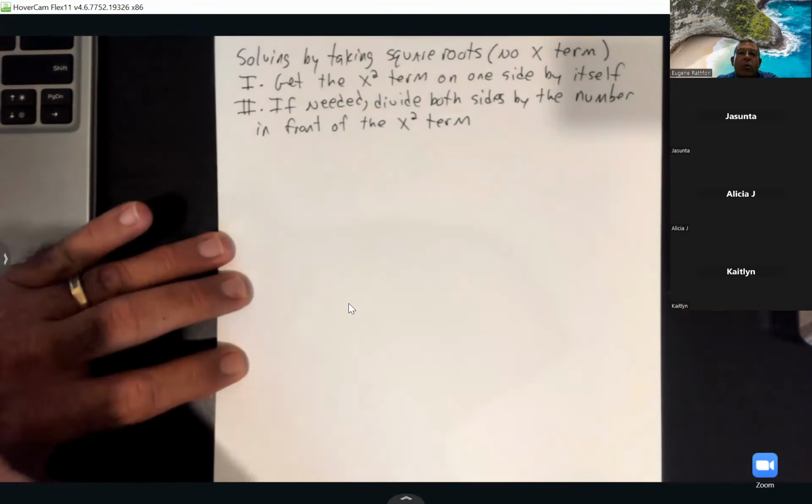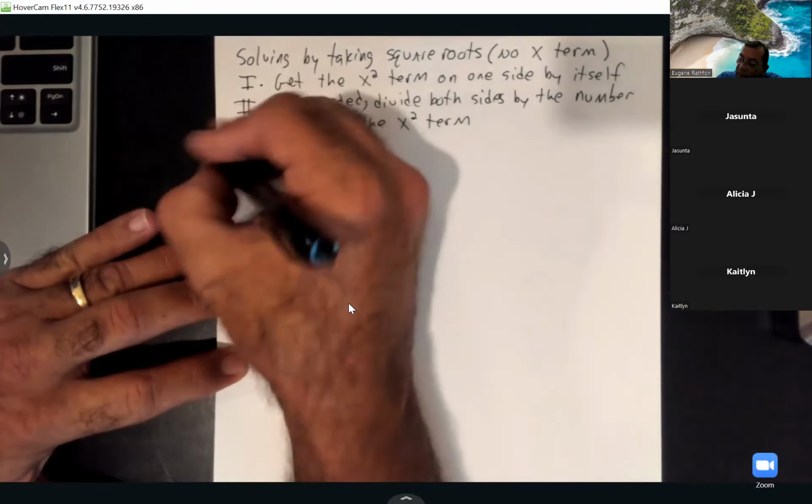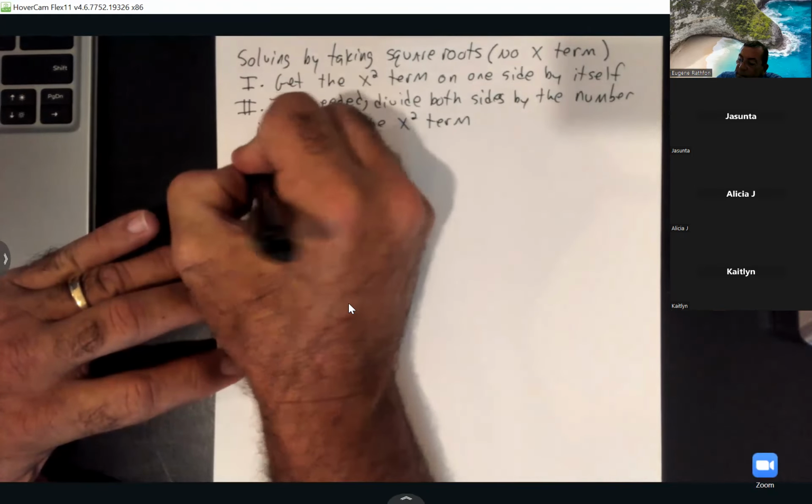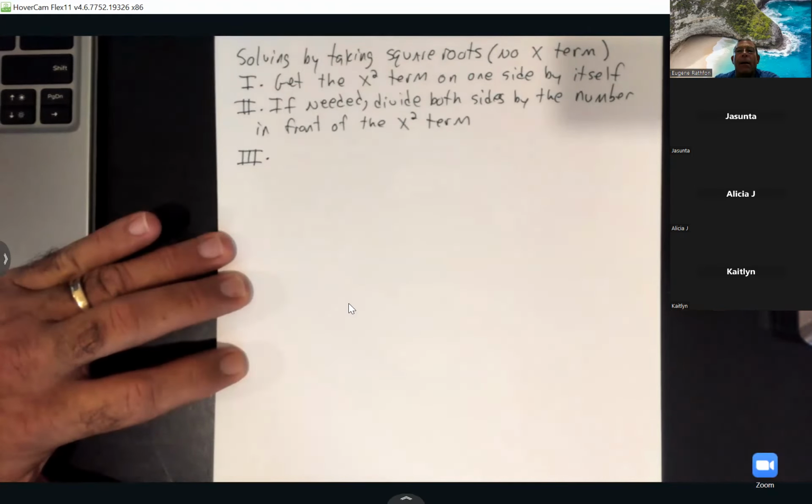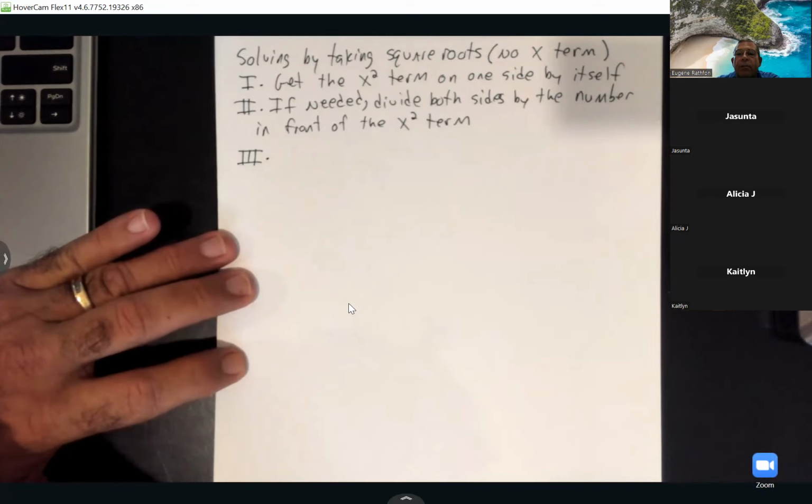So if it's not a 1x squared, we're going to divide it, okay? After that, once I got that x squared term, we're going to take square roots of both sides.